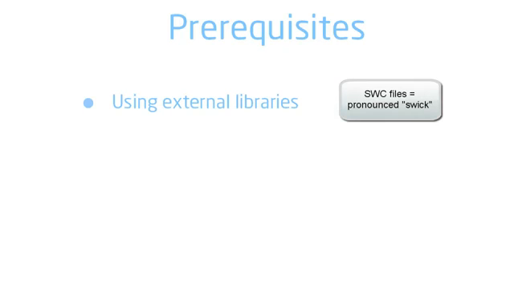So, the first thing that is assumed that you know about is how to set up and use an external library. I'll be using the SWC file version of Signals. If you don't know how to do that, you can probably still follow along if you just follow my exact steps. There are some tutorials on this site regarding that topic as well.